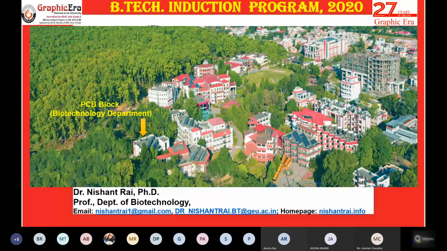You can see this building, known as the PCB block, physics chemistry biotechnology block. The ground floor is food technology, and the top floor is the biotechnology department. This is the Chanakya block, and this is the canteen where you will enjoy a cup of tea.